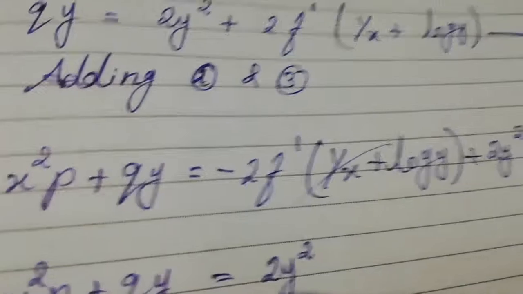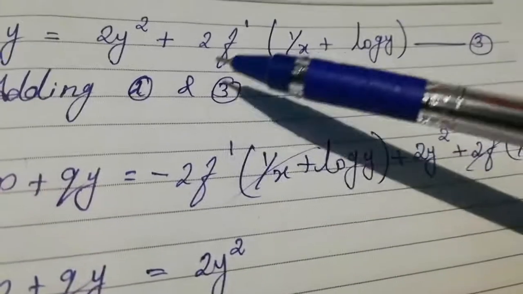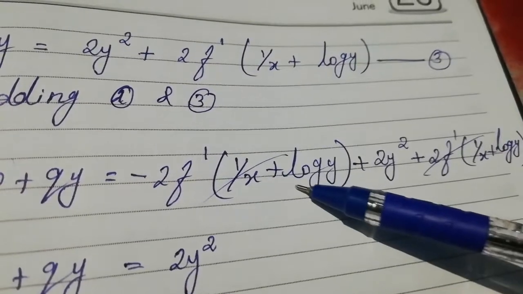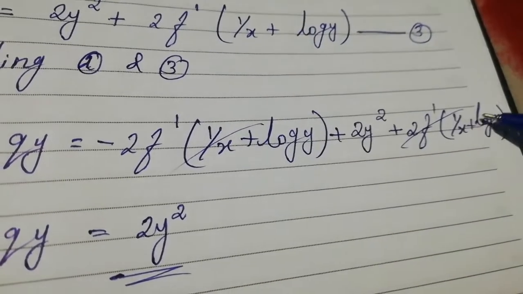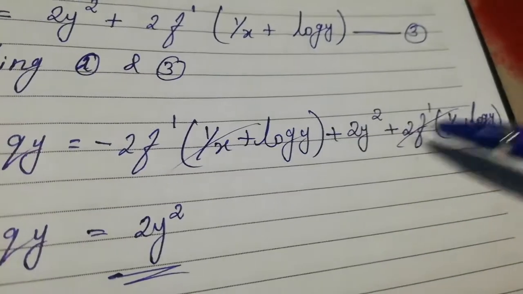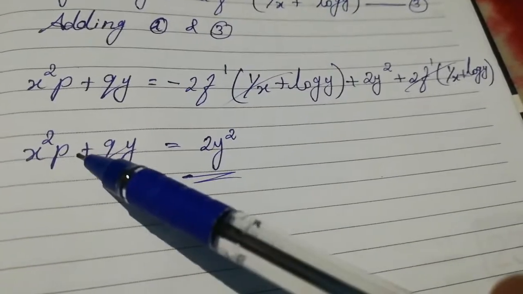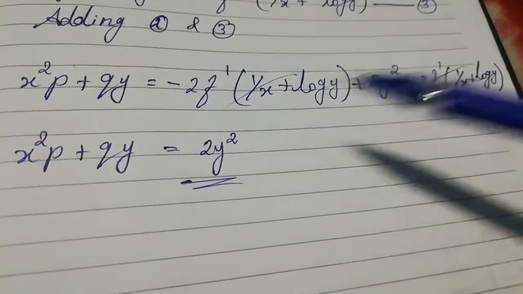So adding 2 and 3, we get left hand side x square p plus qy, right hand side minus 2 into f dash of (1 by x plus log y) plus 2y square plus 2 into f dash of (1 by x plus log y). So here minus plus, these get cancelled. Remaining is x square p plus qy, that is equal to 2y square.